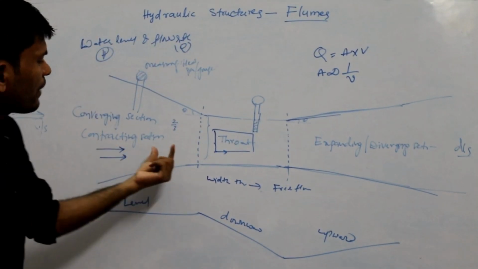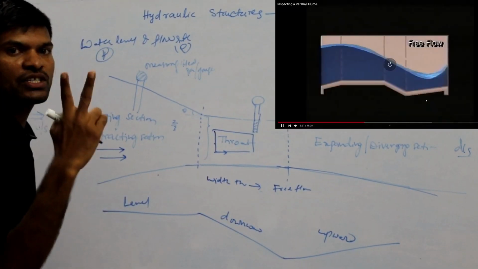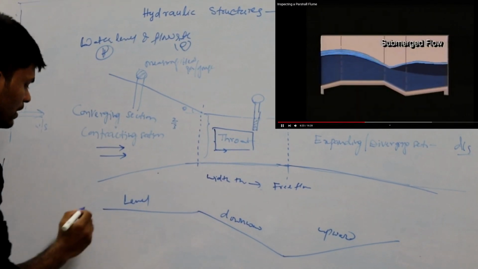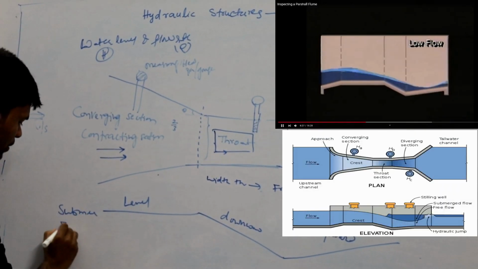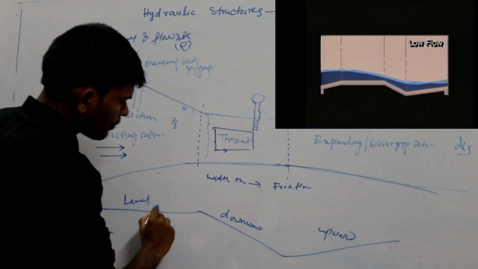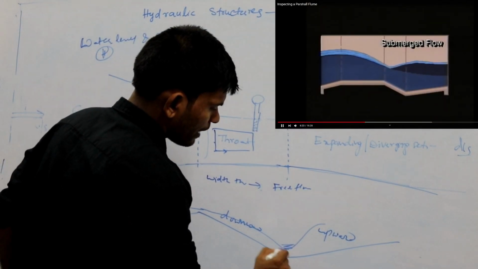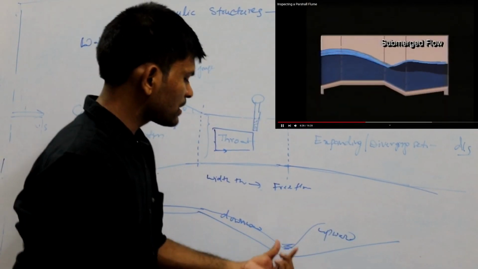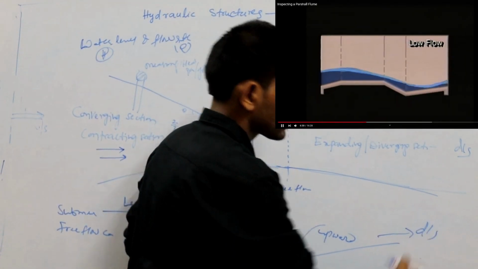Okay, now the water level, or our head, is measured in this flume in two conditions. One is your submerged condition and the other is the free flow condition. In free flow, the water will flow and create a simple hydraulic jump. This is called simply free flow, means the water will flow freely in your downstream section.